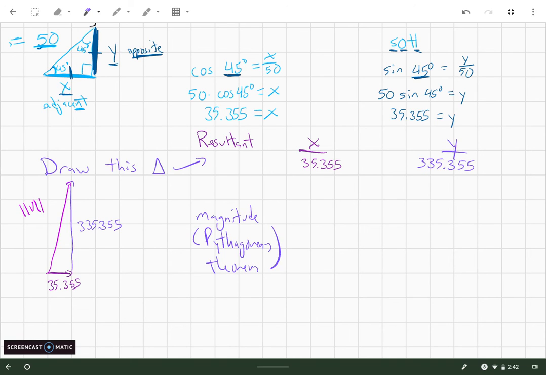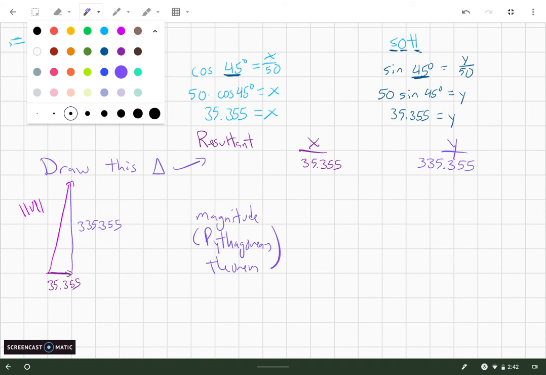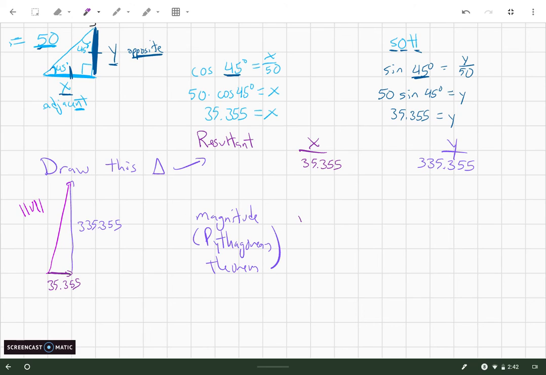Yep, and my child here is getting really excited about doing the Pythagorean theorem. Can't you tell? So that is the square root of 35.355 squared plus 335.355 squared. All right, so that's going to be the magnitude of v.